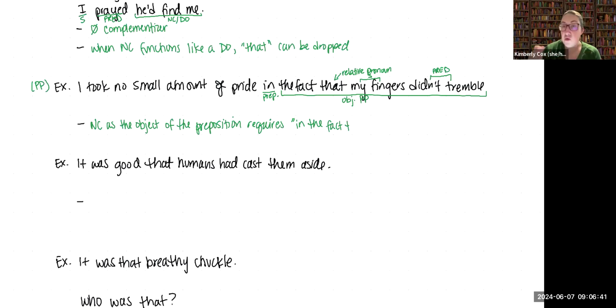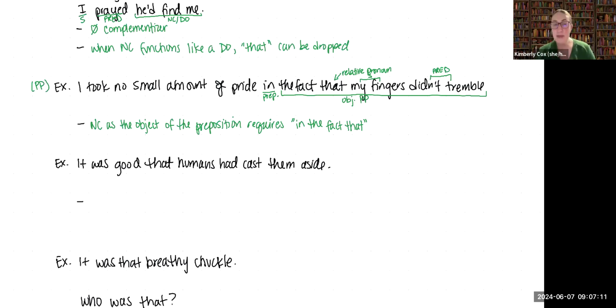So anytime we have a clause that functions like an object of a preposition, it is always going to be preceded by the phrase "in the fact that." Just be aware that that signifies that we have a clause that's functioning like a noun would. But it has to be preceded by the phrase "in the fact that," just like in the example above.